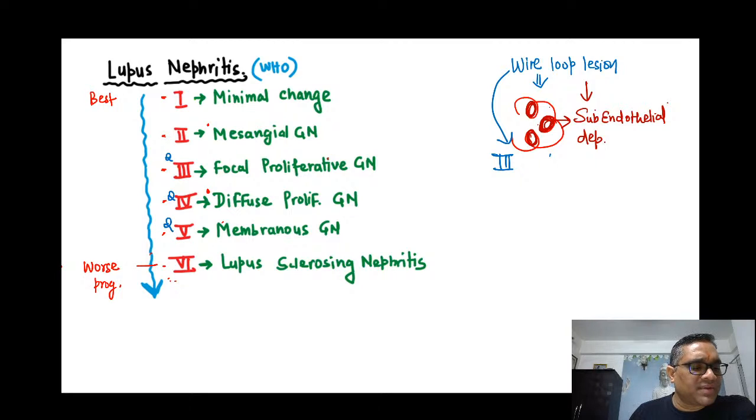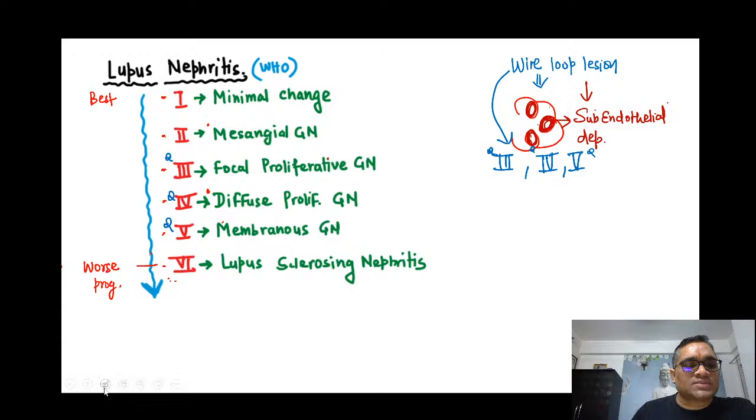I'm just writing here 3, 4 and 5. Class 3 is focal proliferative, 4 is diffuse proliferative and 5 is membranous. So all will be having a wire loop lesion, right? So the question is where you will be seeing them most commonly.